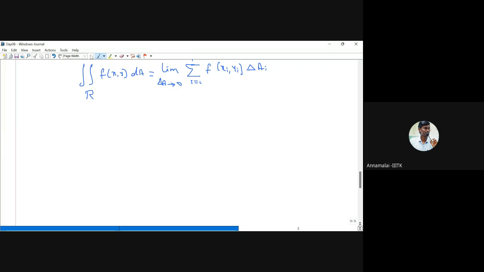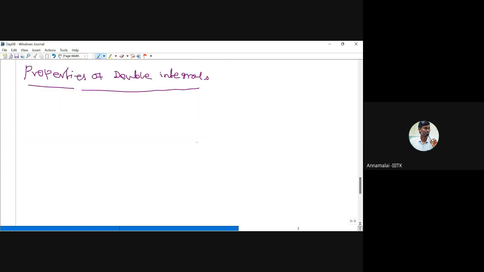Maybe I state the properties of this integral. Suppose we have two functions. So next, the properties of the double integral, over the rectangle. Now the base is a rectangle.